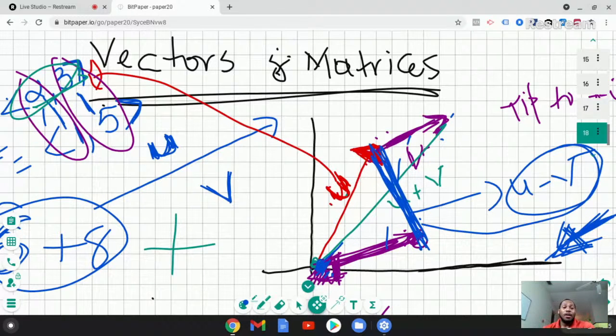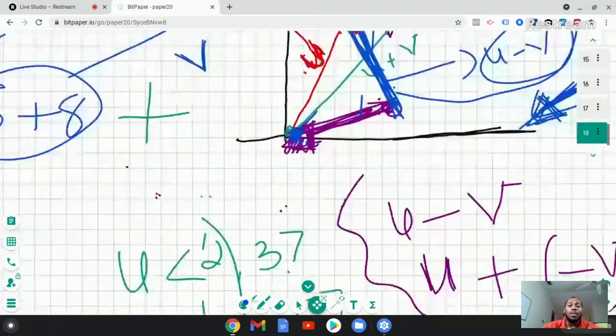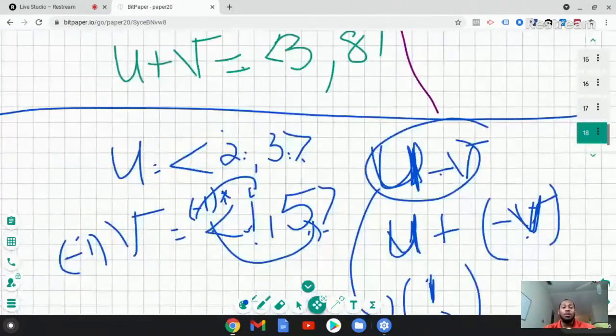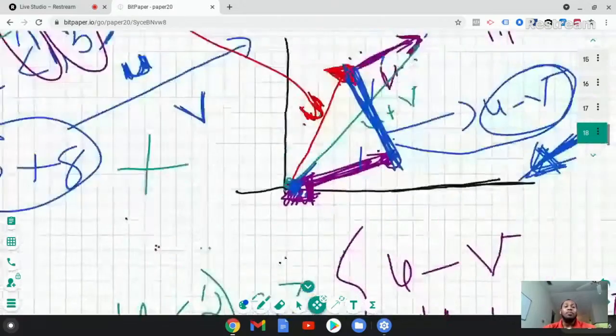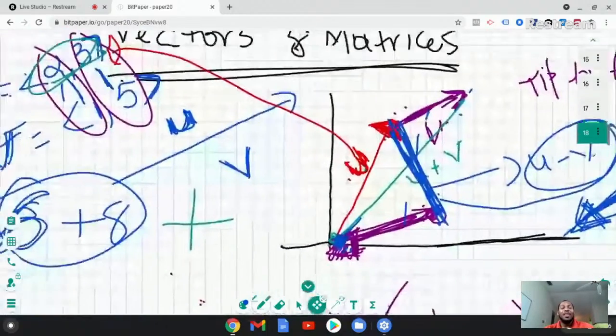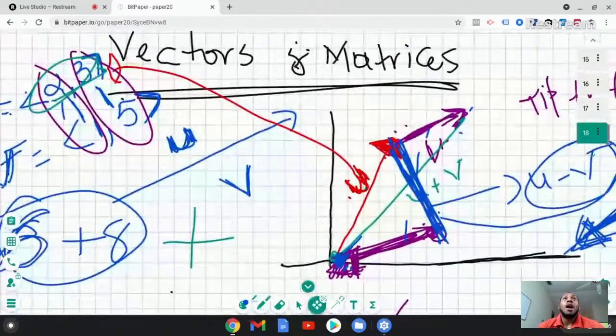The last thing I think I showed you was the dot product. So I showed you how to multiply them. I also showed you how to do scalar multiplication, which is when you have a number multiplied by a vector. And it really is common sense. It's not that difficult to grasp. As long as you know how to multiply numbers, it's easy to grasp this.